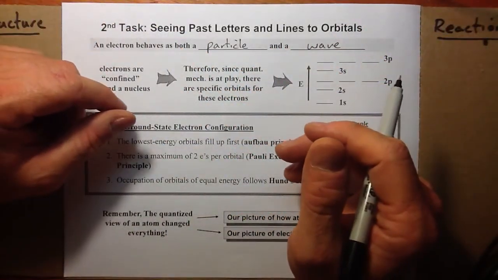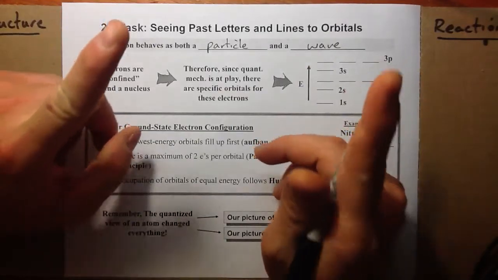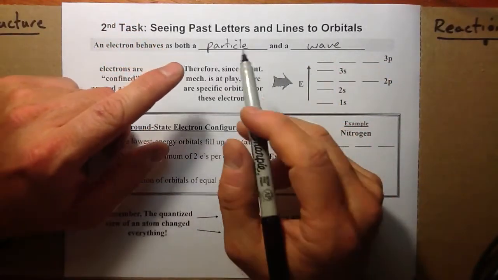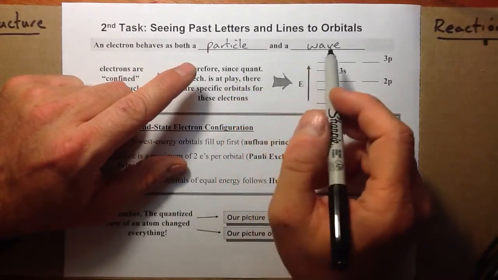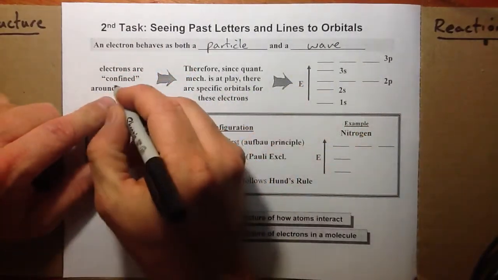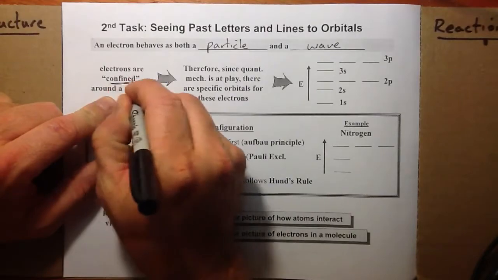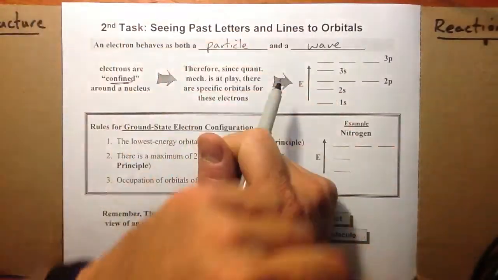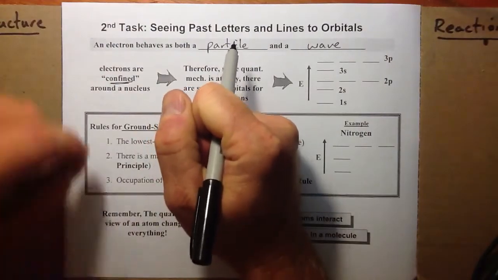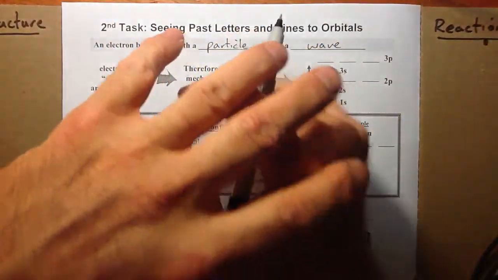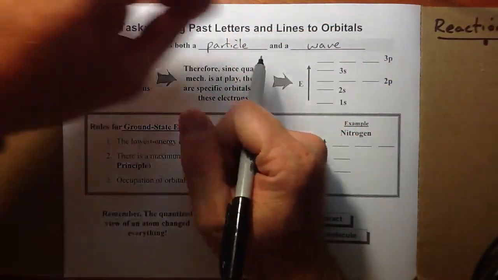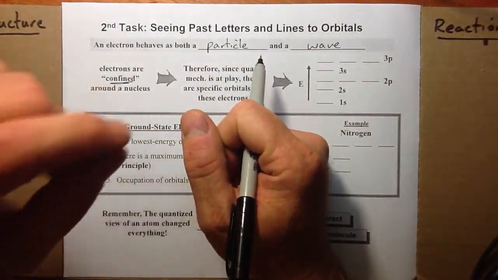But one thing that really also helped us understand the electron, not only its particle-wave duality, but that it was confined. It was confined as a wave, so it couldn't be any way you want it. It had to be continuous around a focal point, around the nucleus, so that wave had to be of a set wave.